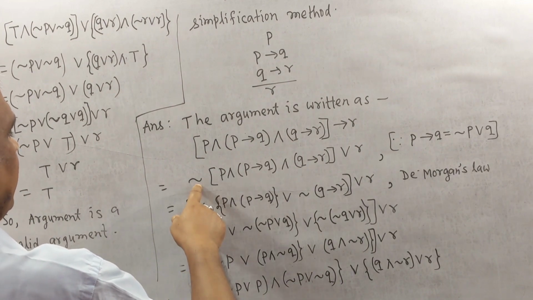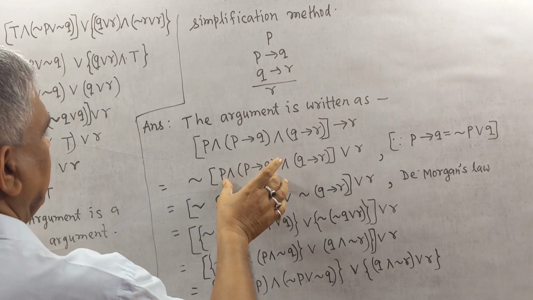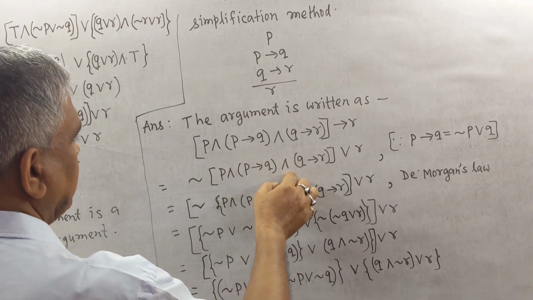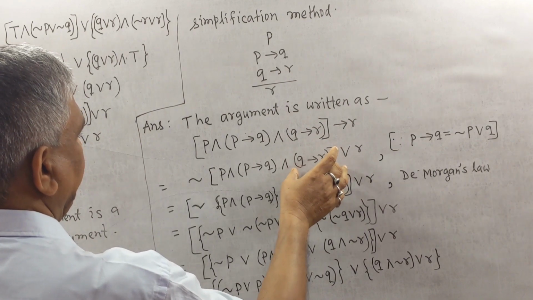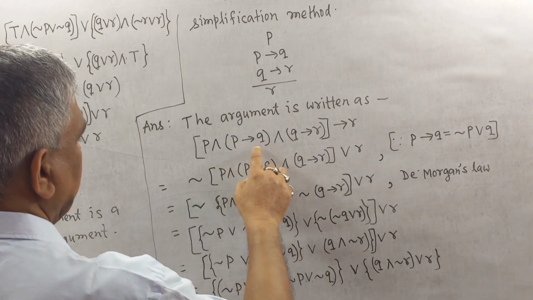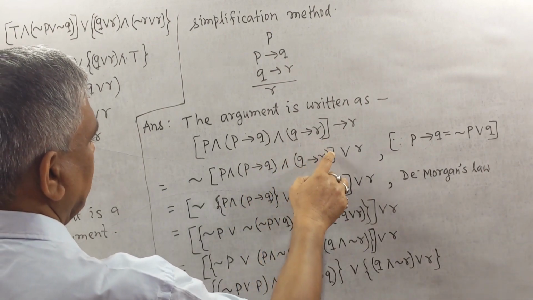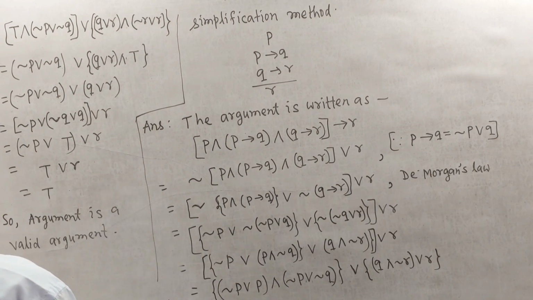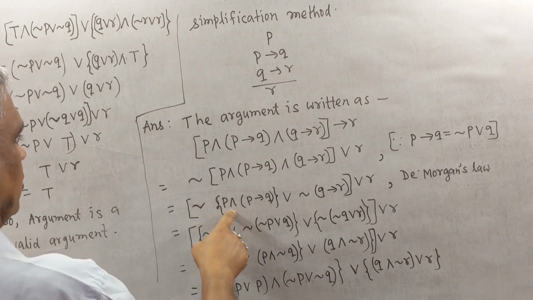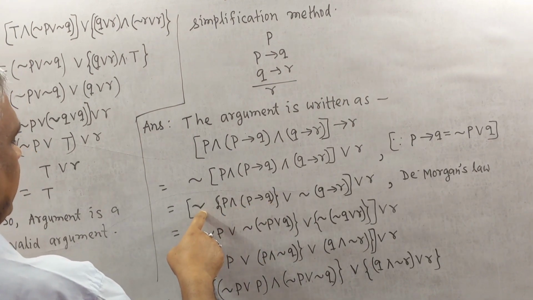Now negation of this conjunction this. So by De Morgan's law, negation of this part, disjunction, negation of this part. Now here also P conjunction P implication Q and outside negation.